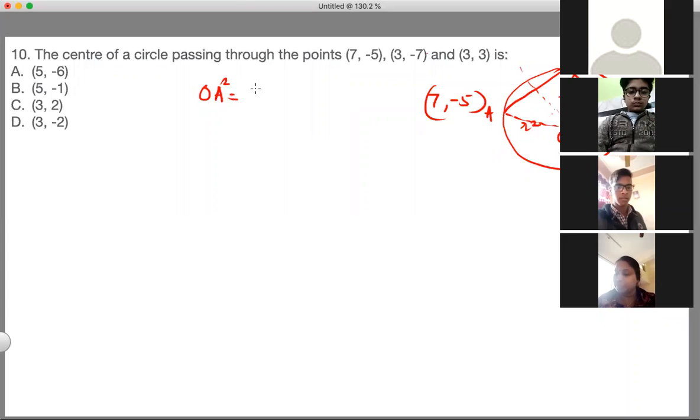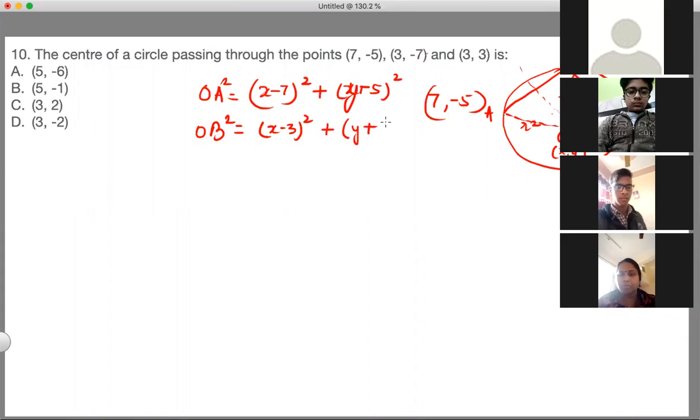So what is OA square? इसको XY मान लिया, तो x minus 7 whole square plus x plus y plus 5 whole square, right? उसी तरह से OB square क्या है? x minus 3 whole square plus y plus 7 whole square, and OC square is equal to x minus 3 whole square plus y minus 3 whole square.